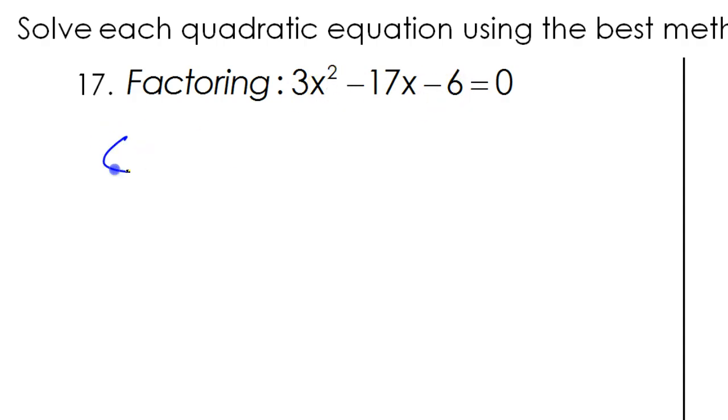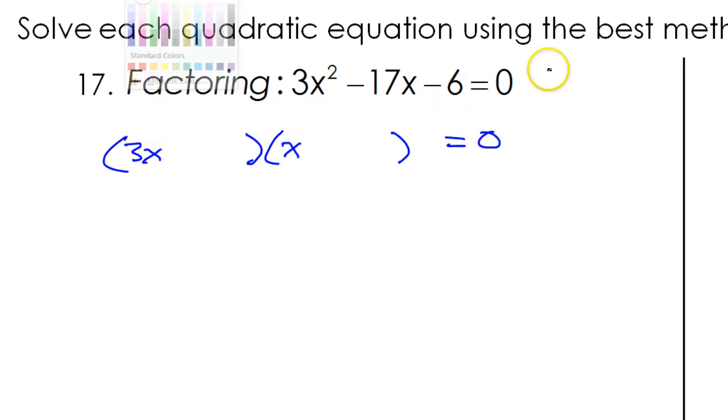So we move on to binomial times a binomial. 3x squared can only be 3x times x. 6 is either going to be 2 times 3 or 1 times 6.